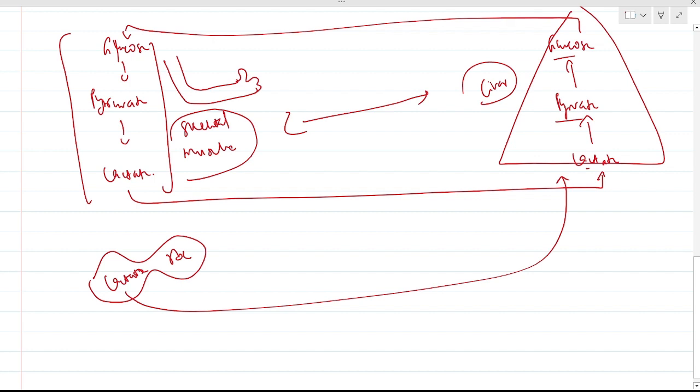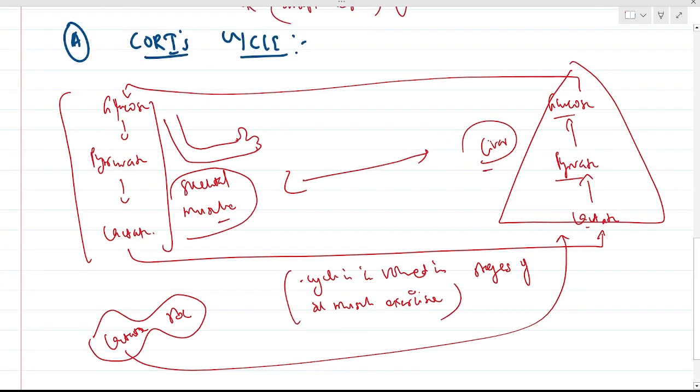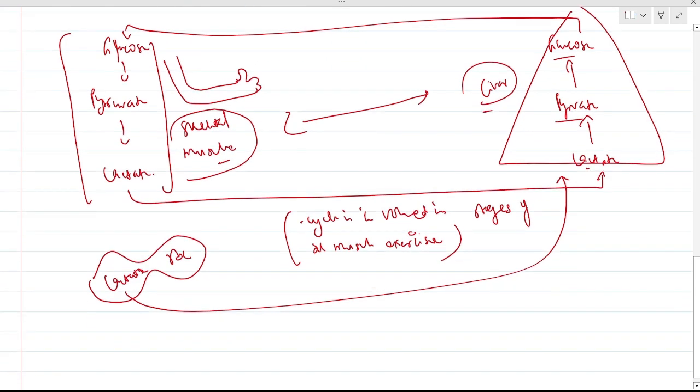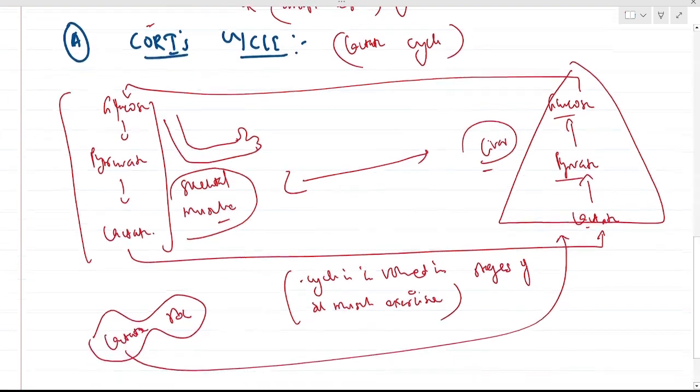So this cycle is involved in the stages of skeletal muscle exercise. Skeletal muscle and liver are involved. This is Cori's cycle, also called Cori's lactate cycle. So one cycle is done.